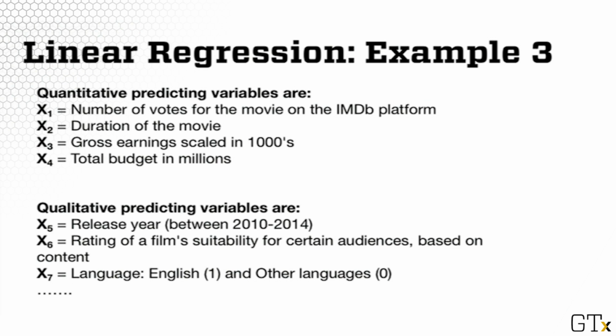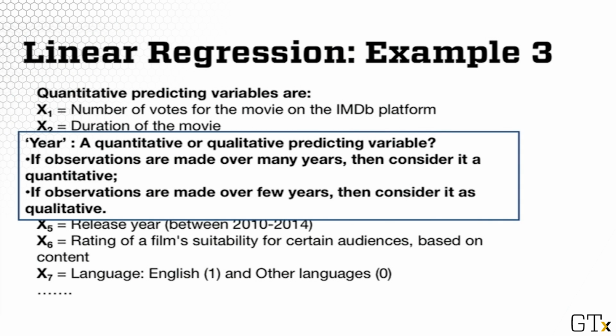I want to highlight particularly the release year as a qualitative variable. Year can also be a quantitative variable, and we decide whether year is a quantitative or qualitative predictive variable depending on how many years we observe. If there are only a few years across many observations, in this case we have 5 different years of data, then we can consider it to be a qualitative variable.